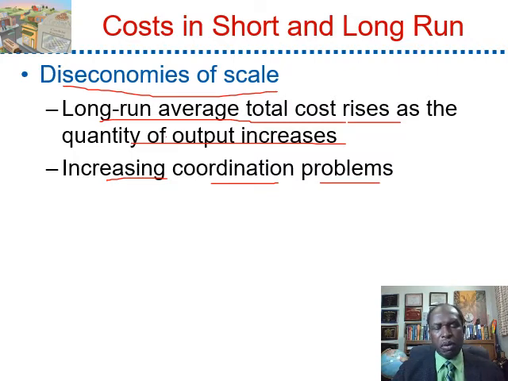Or instead of working, they'll be on their phone sometimes, surfing their phone or their computer for personal use. Those are diseconomies of scale. Usually, businesses find it very difficult to monitor worker behavior at the workplace, and that will lead to diseconomies of scale.